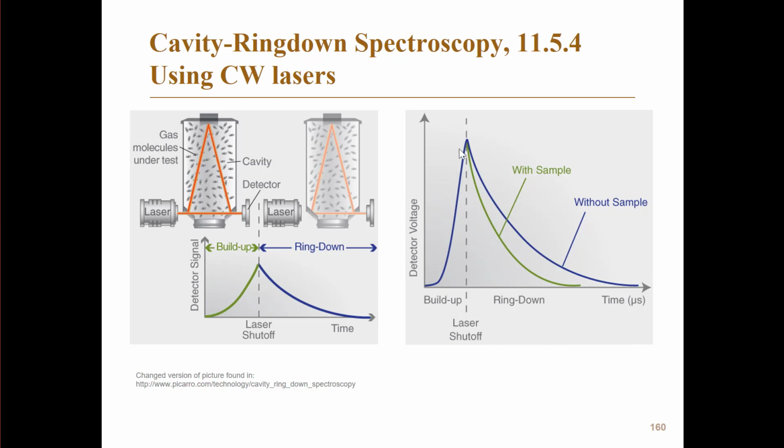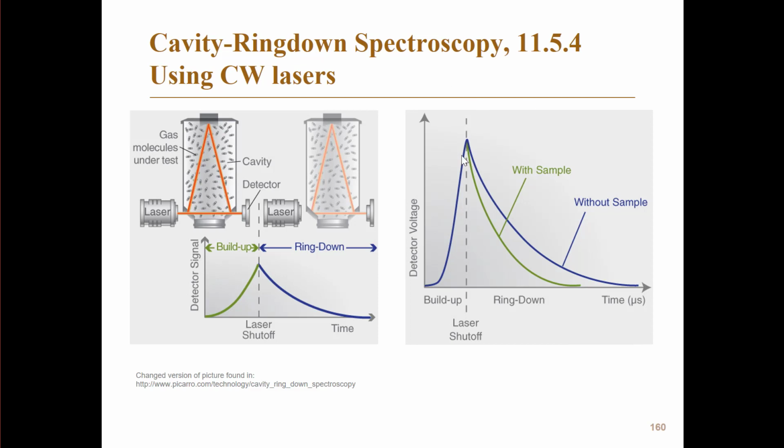And we can then fit an exponential decay to these curves, and they will be very close to an exponential decay in both cases. With this exponential decay we can get the time scale of how fast the ring down is, and from that we can back out how much extra loss we have introduced into the cavity, and that is our absorption. So this is another kind of cavity enhanced spectroscopy.